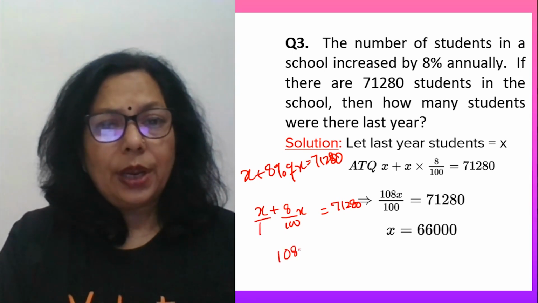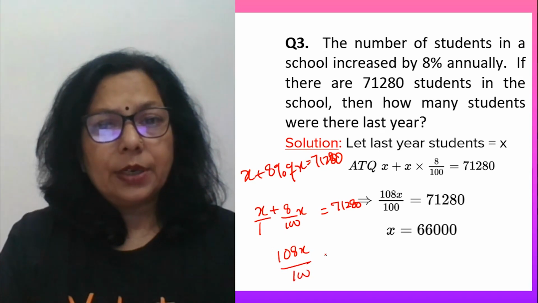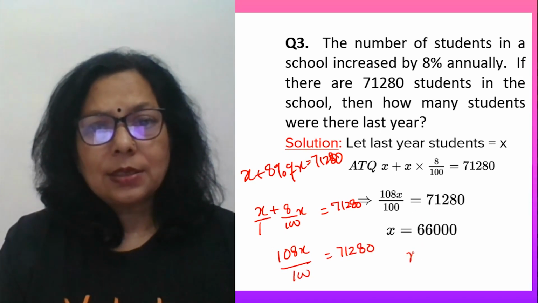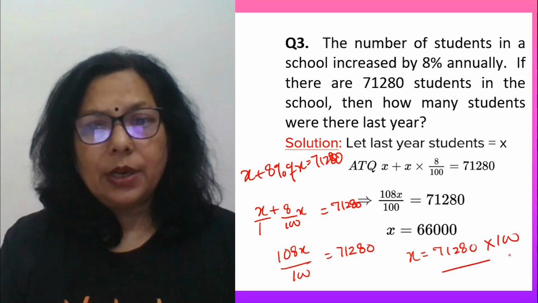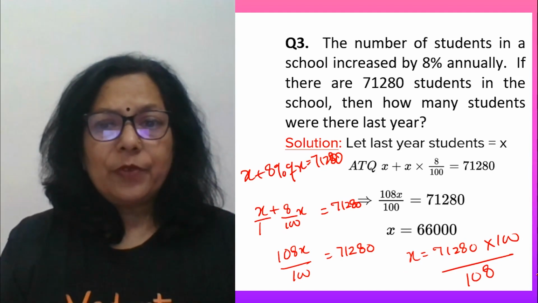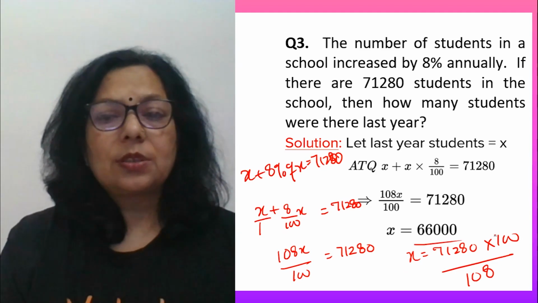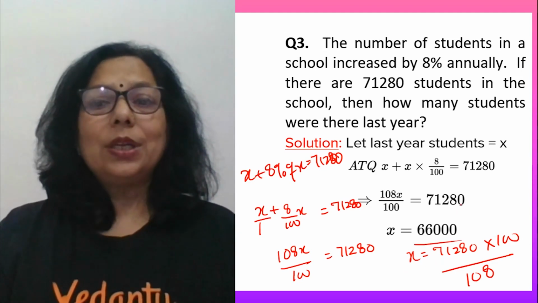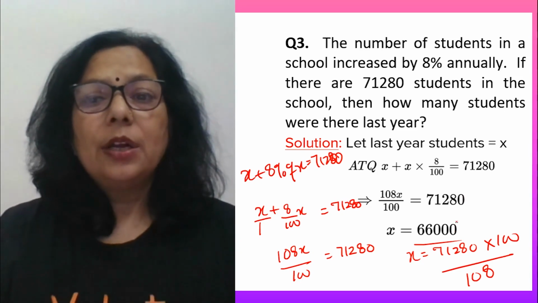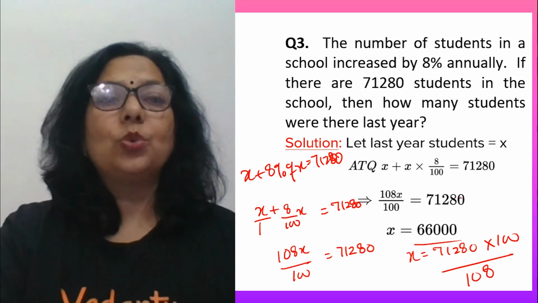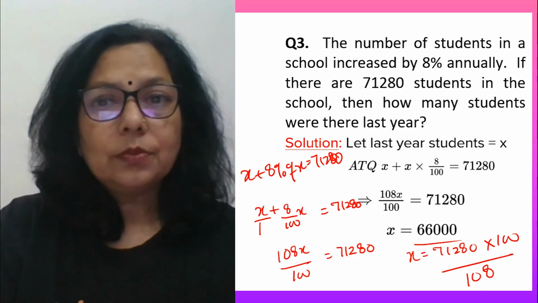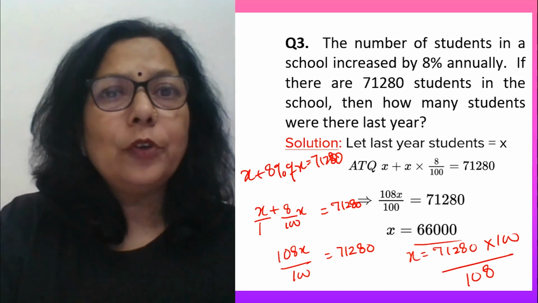So 108x upon 100 is equal to 71280. And then simply x is equal to 71280 multiplied by 100 divided by 108. When you solve this whole, it gives you 66,000. That means initially the number of students was 66,000 and now it is 71280. I hope all of you followed it.